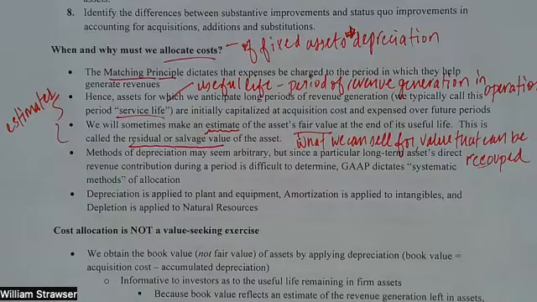Predominantly, the most prevalent and pervasive depreciation method used by companies in financial reporting is straight line depreciation. So there are a lot of methods, but I think it's somewhere on the order of around 90% of assets whose costs are allocated by straight line depreciation.